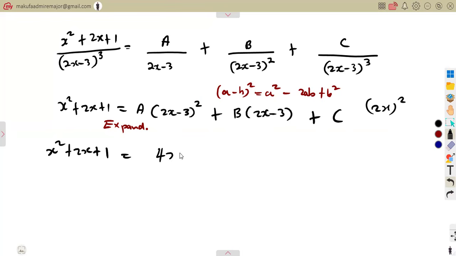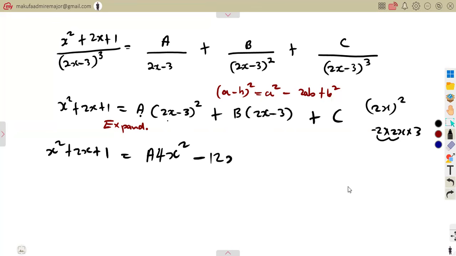So it's going to be 4x squared times a, minus 2ab, minus 2 times 2x times 3, which is 12. Minus 12x. Then you multiply by a.